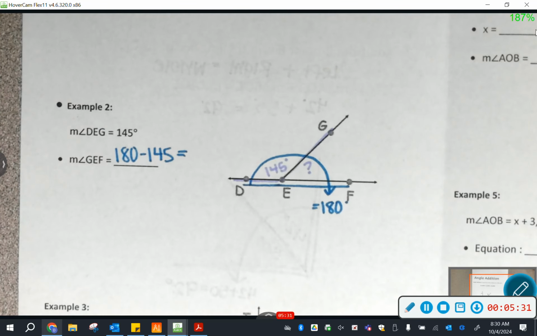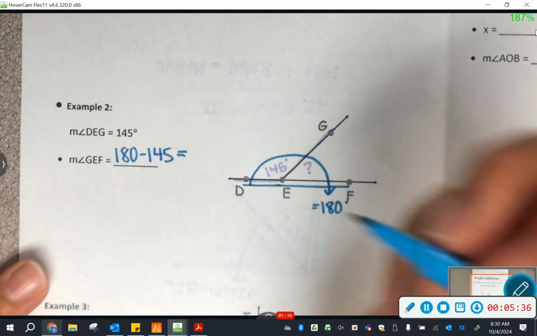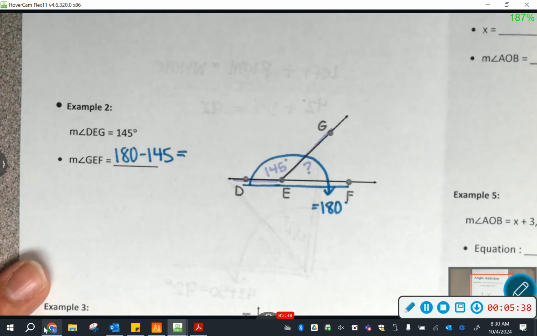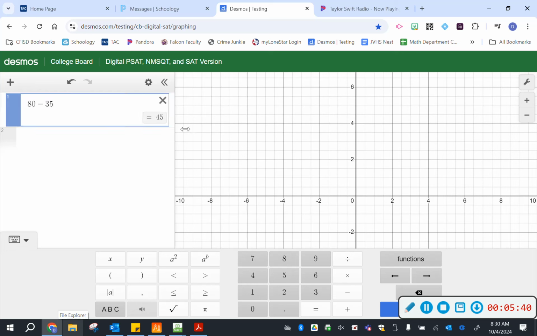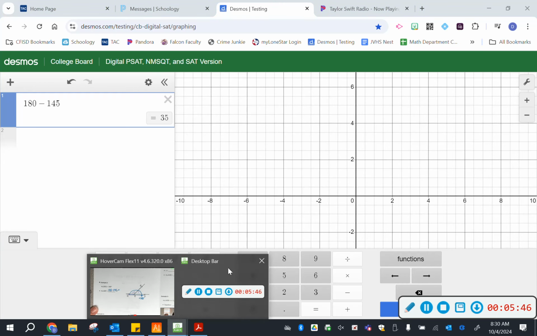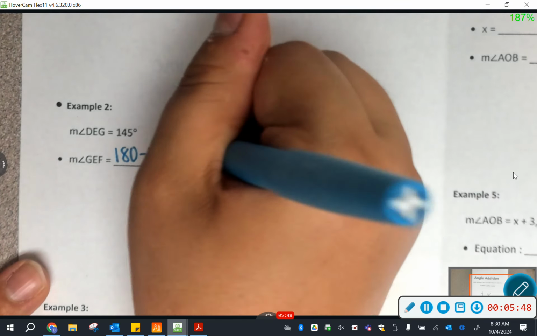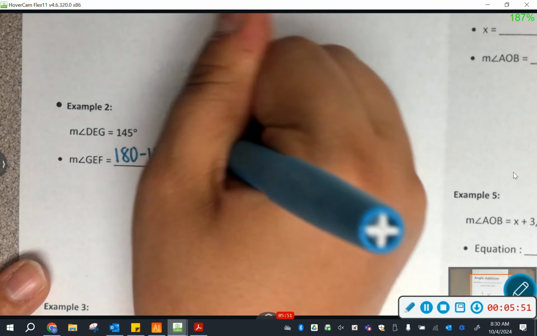And what do you get? 180 minus 145 is 35 what? Degrees.